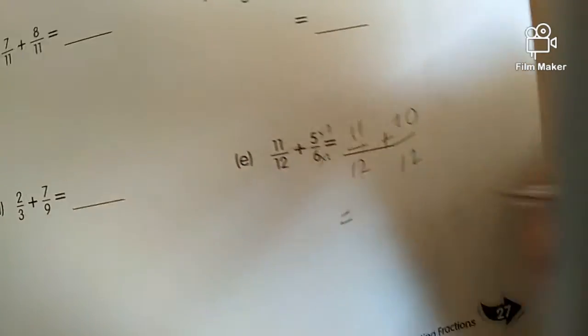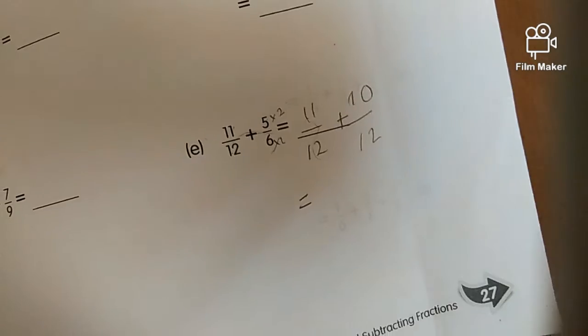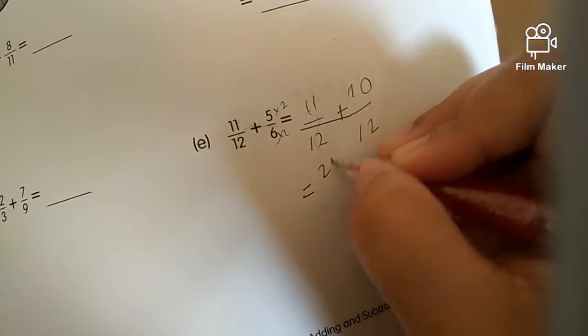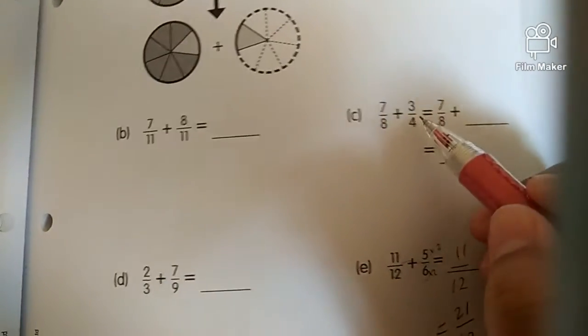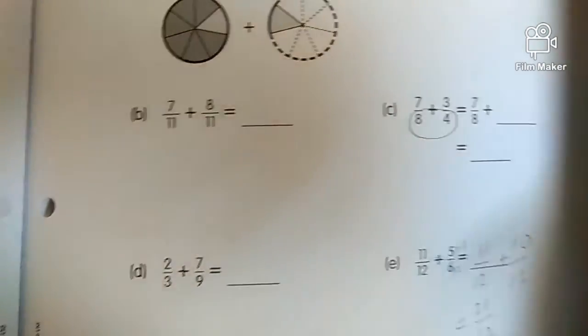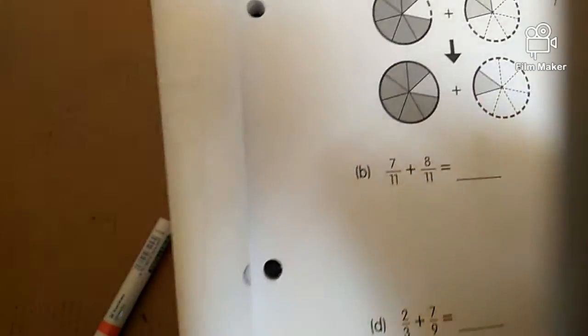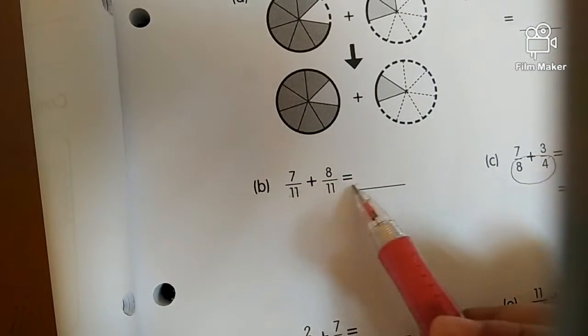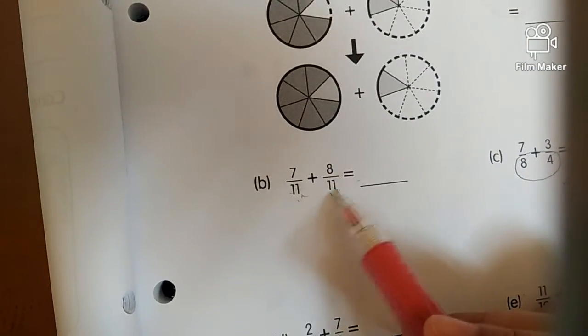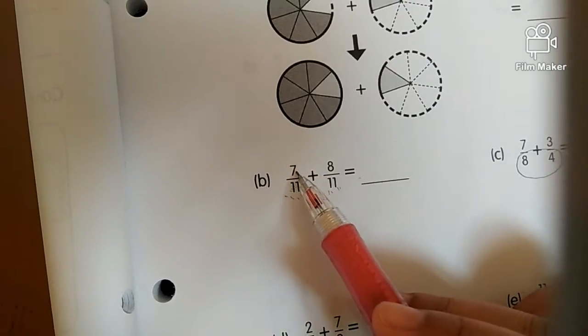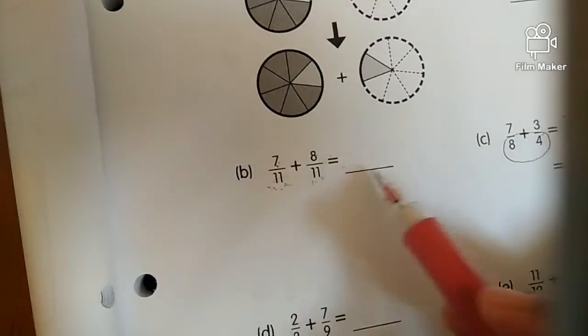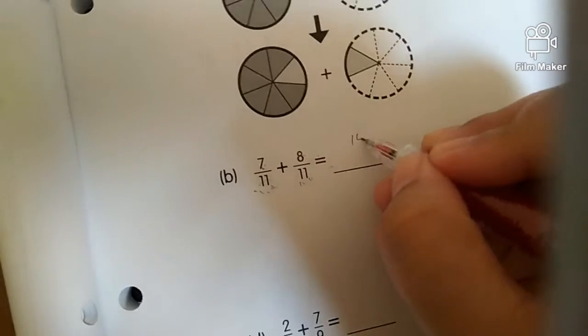So 11 plus 10 equals 21 over 12. Make sure the denominators are the same. For this one, since the denominators are equal, you don't have to make it equal anymore. You just plus 7 plus 8, 15. So here is 15 over 11.